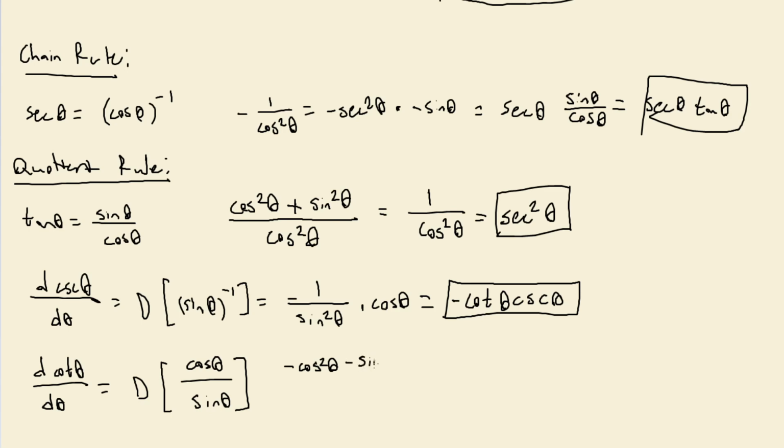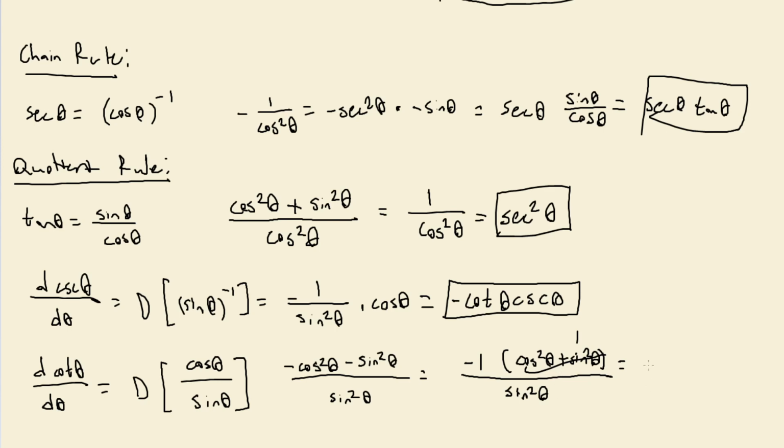So we're going to subtract sine squared theta. We're going to divide by the bottom squared, sine squared theta. This is going to be negative 1 times cosine squared theta plus sine squared theta divided by sine squared theta. And this goes to 1, and we're just getting negative 1 over sine squared theta, or negative cosecant squared of theta. That's our derivative for cotangent.